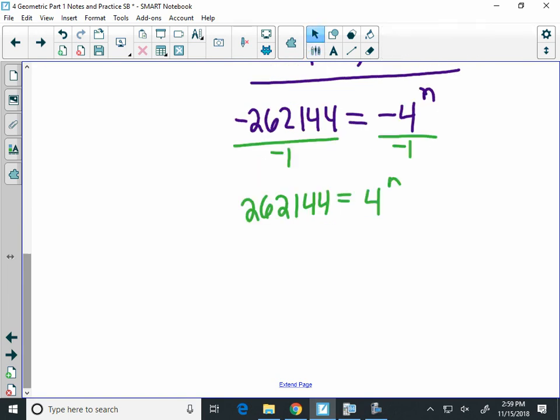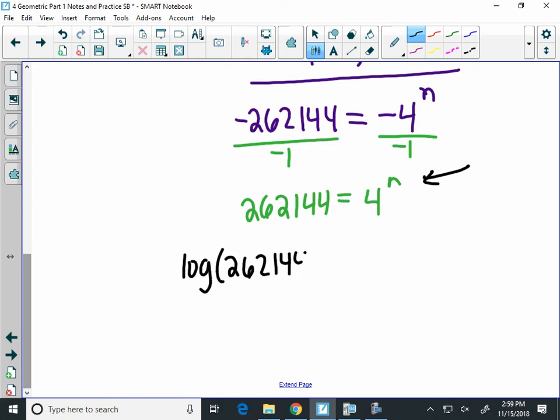Now this is helpful because remember when we did the last unit, we said if there is a variable in the exponent, the only way to get that variable out of there is to throw a log at both sides. So you're going to take the log of both of these sides here. And when you take the log of this right-hand side, that n comes down in front.